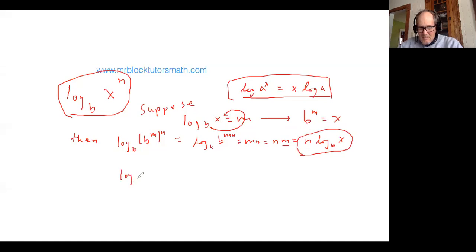So log base b of x to the n equals n times log base b of x. Do you see it? I started out with log base b of x to the n, and I ended up with the n out in front. We've just proven our rule.